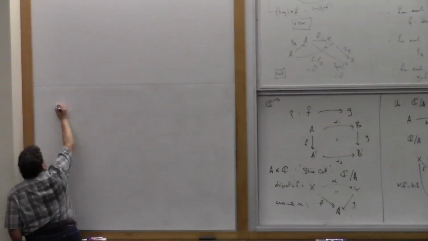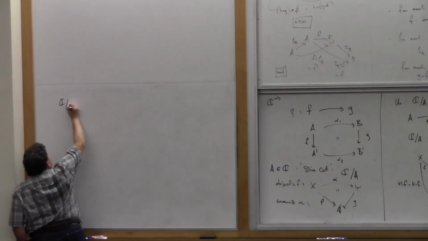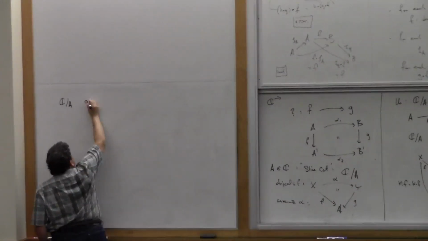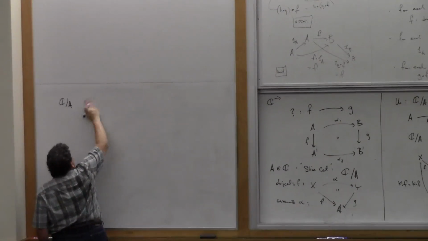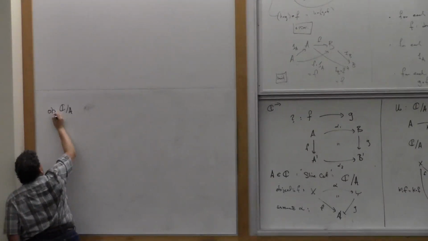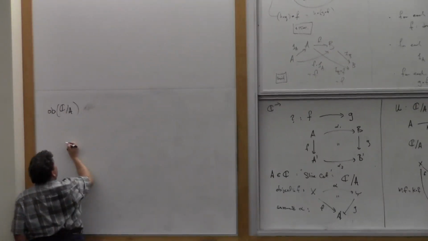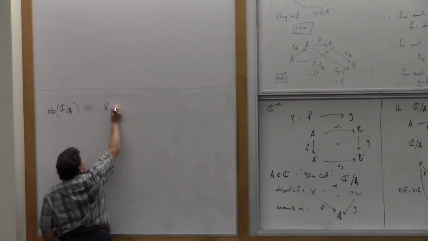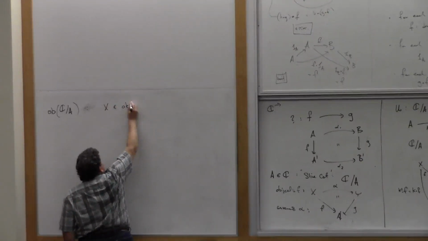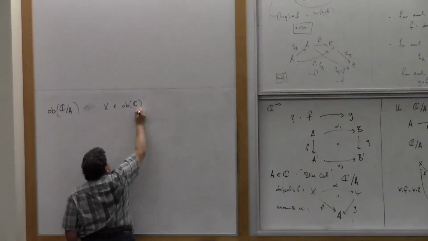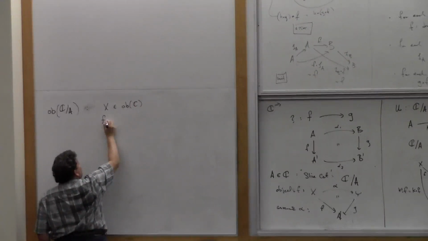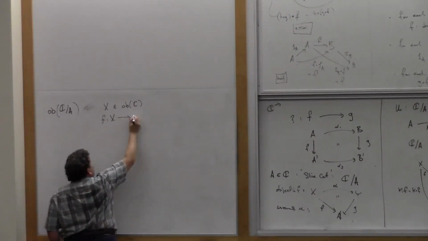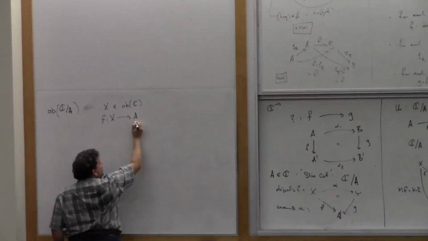So C over A. The objects of the new category C over A are pairs consisting of an object of C together with an arrow into A. And so the A is fixed here.